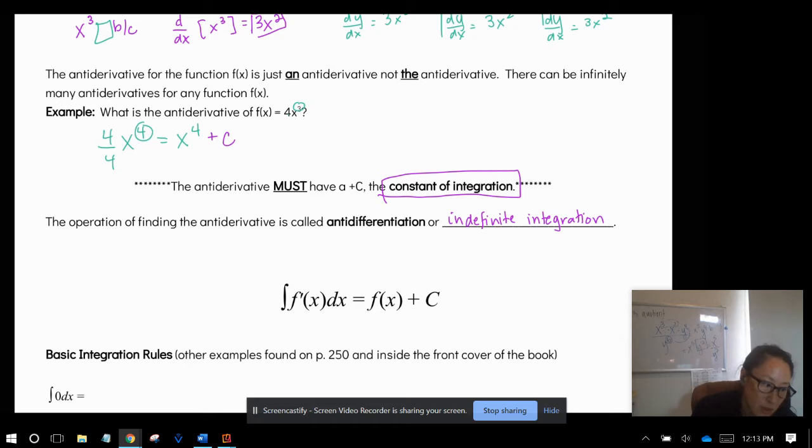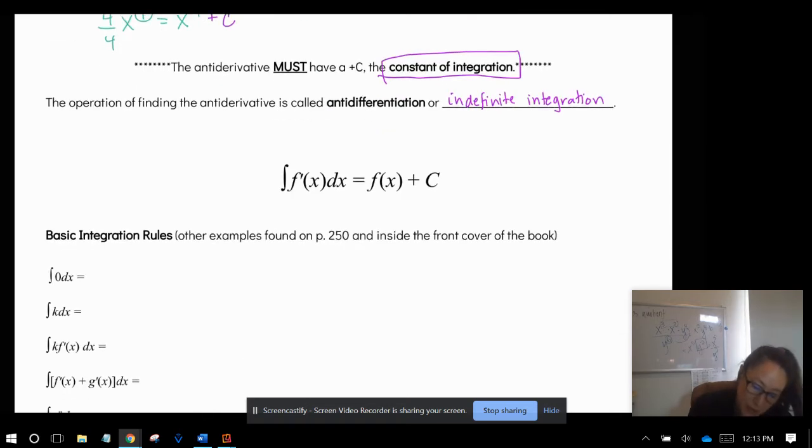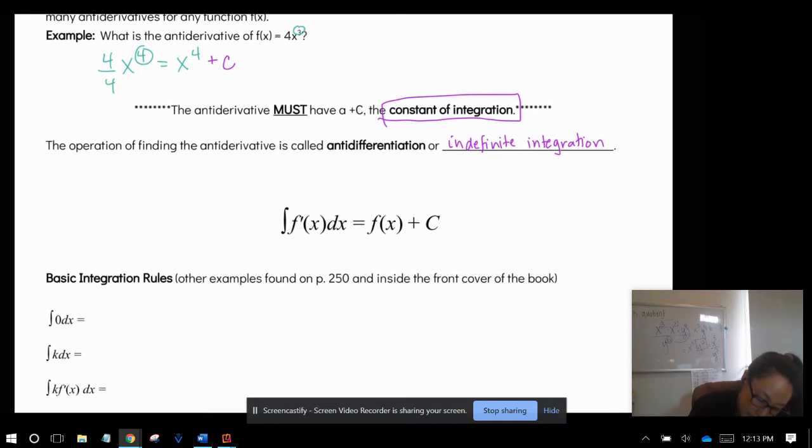Okay, so let's break down what this business looks like. We just took the antiderivative of 4x cubed. Officially, how we need to write this is we are saying we're going to take the integral of 4x cubed with our variable of integration being dx.